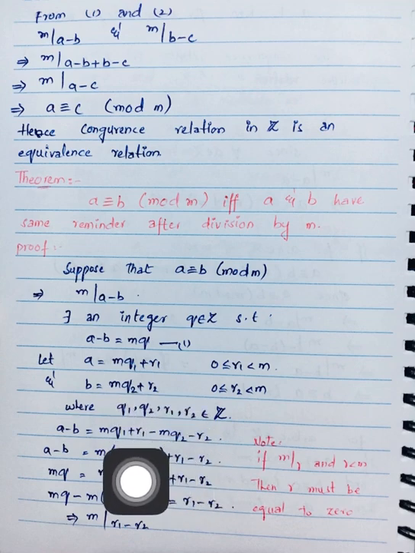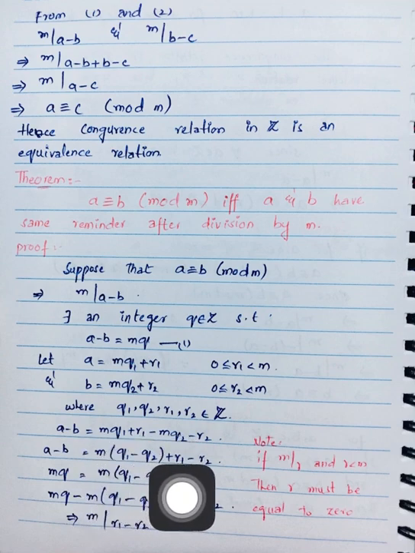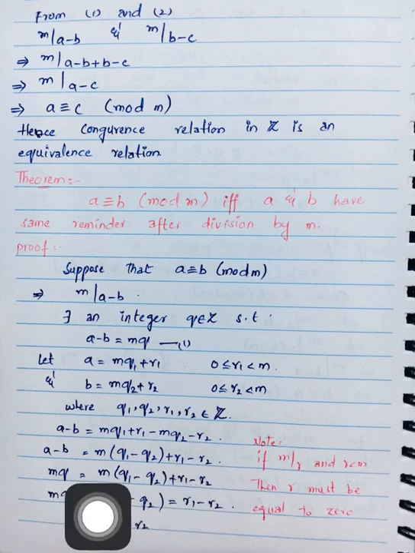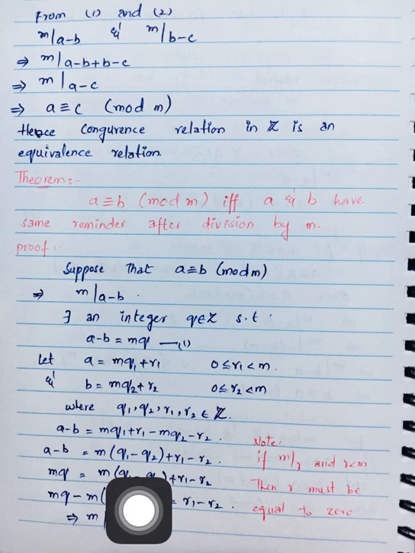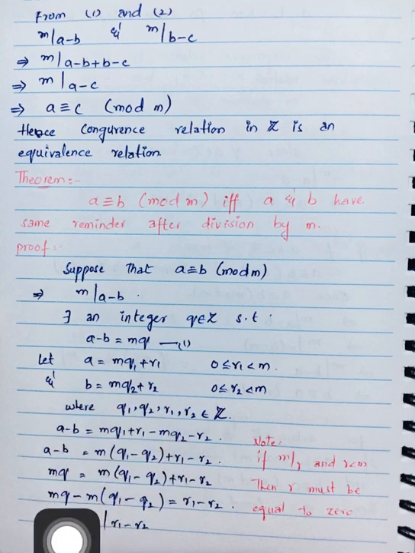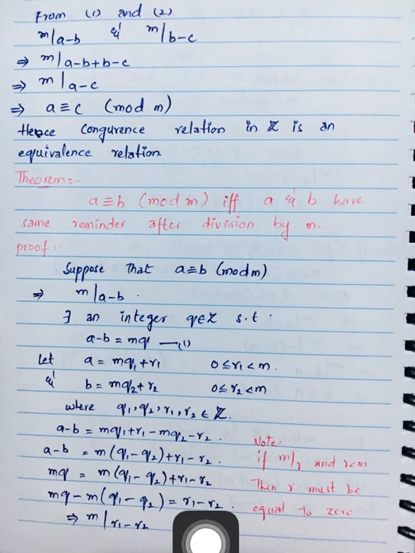Taking m common, m times q1 minus q2, plus r1 minus r2. Moving the m expression to the other side, mq minus m times q1 minus q2 equals r1 minus r2.